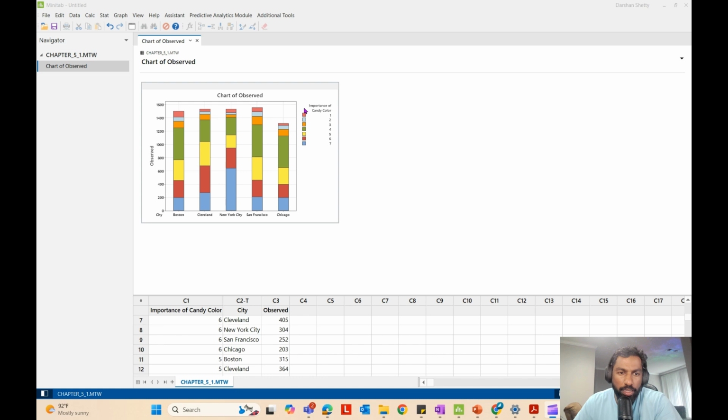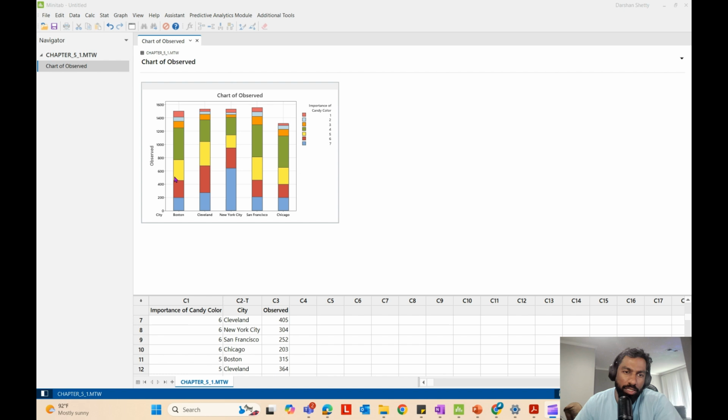So just by looking at this graph, we can tell that the rating pattern is different across the cities. We can just tell that by visually looking at this. It looks like too many people in New York care very highly about the color of the candies. So you see a large stack of 7 in New York City.